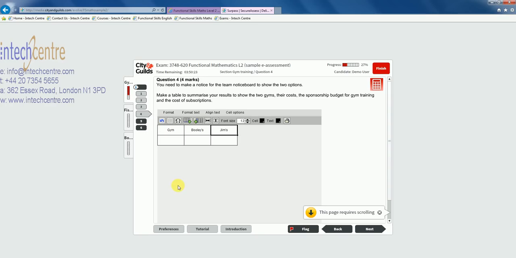So I need to show the 2 gyms their costs. Oops, let's just undo that. Okay, so the costs could go here. The sponsorship budget for gym training and the cost of subscriptions.